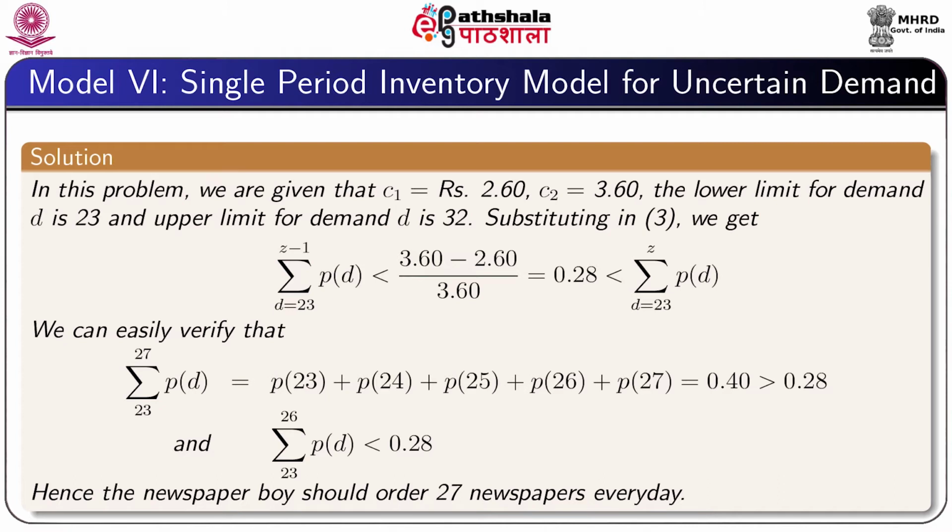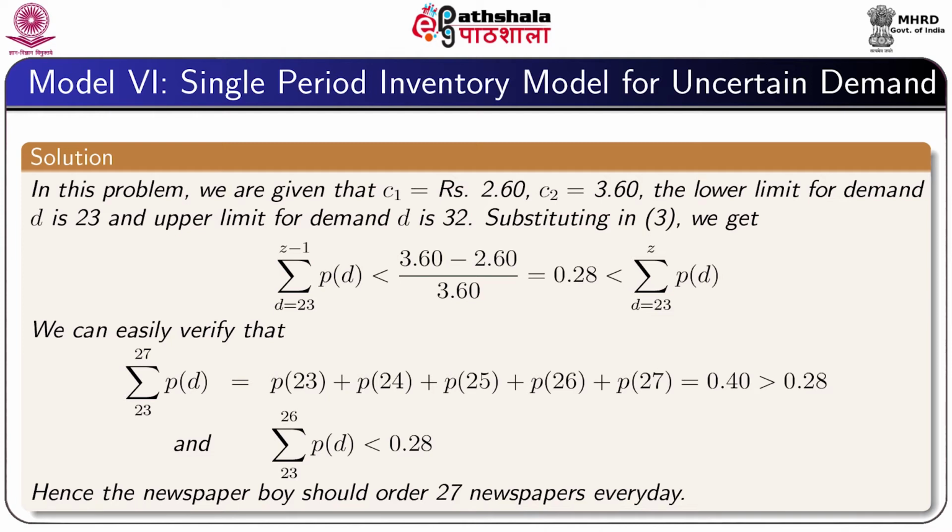In this problem, we are given C1 equal to rupees 2.6 and C2 equal to rupees 3.6. The lower limit for demand D is 23 and the upper limit for demand D is 32. So, if we put this data into the constraints, sigma P(D), D equal to 23 to z minus 1, is less than (3.6 minus 2.6) by 3.6, which is equal to 0.28, less than sigma D equal to 23 to z P(D).